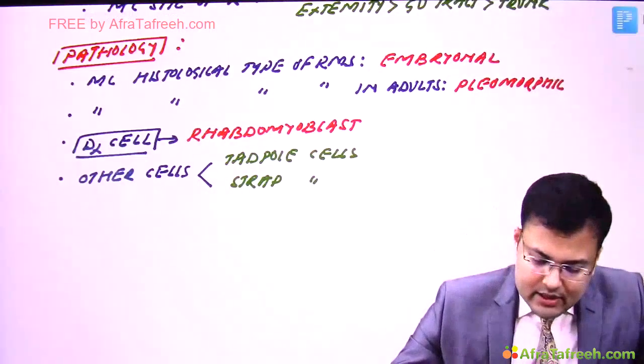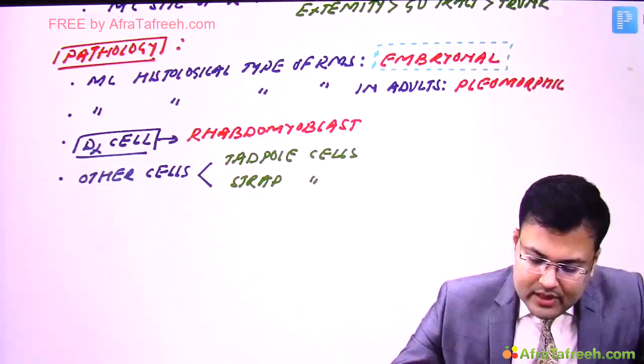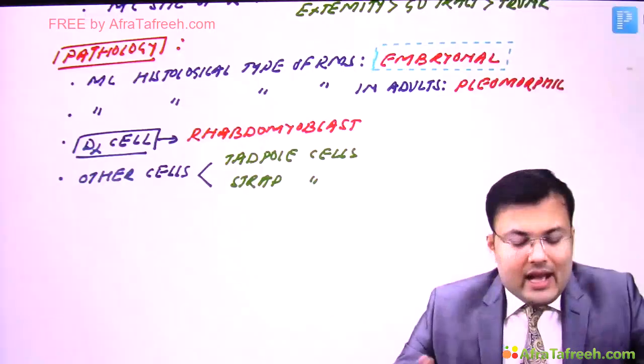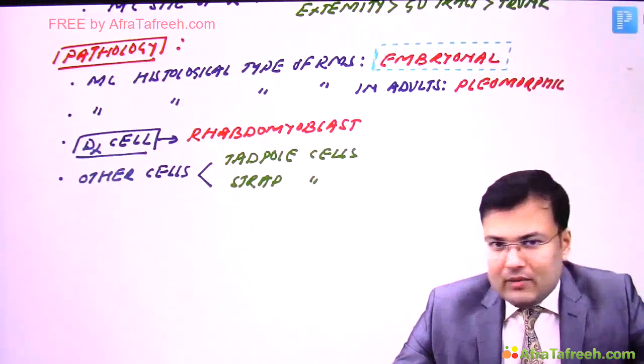Here we discussed that the most common type is embryonal rhabdomyosarcoma, and in embryonal rhabdomyosarcoma there are two variants.